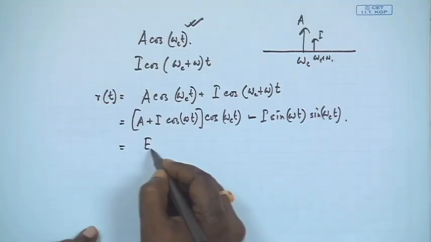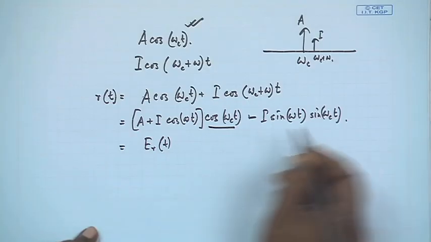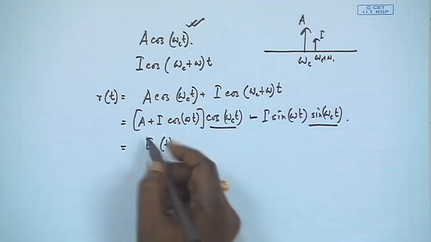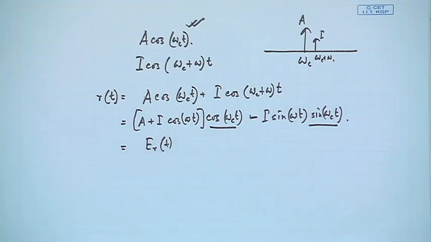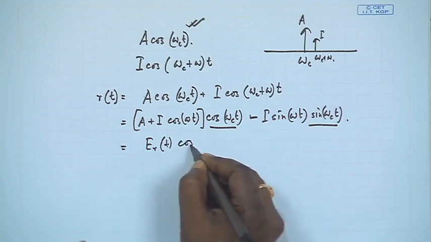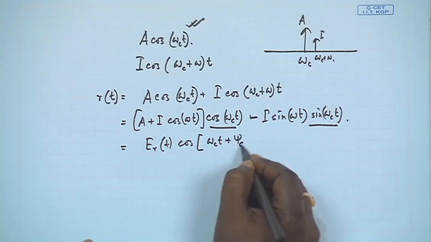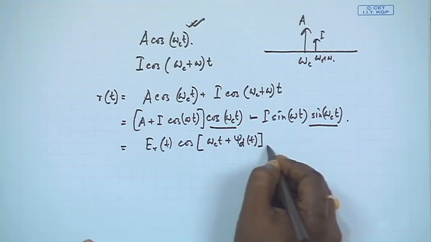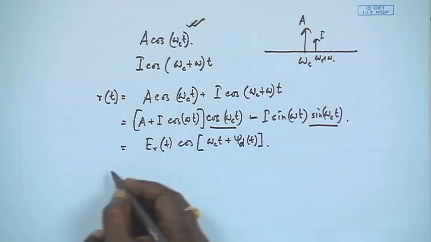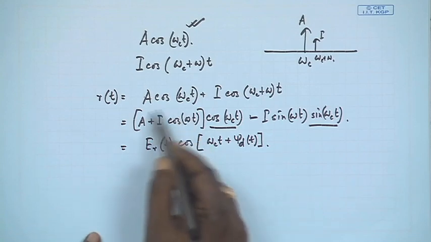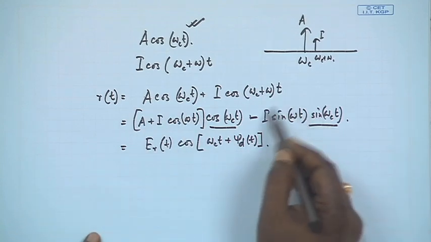This can be written, because it is a cos omega c t and sin omega c t combination, as an overall cosinusoid with an envelope and a composite phase. The envelope E(t) is the square root of this square plus this square.